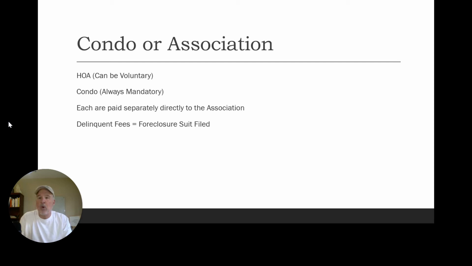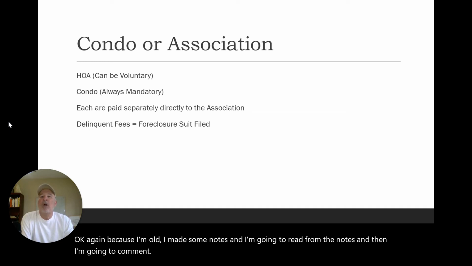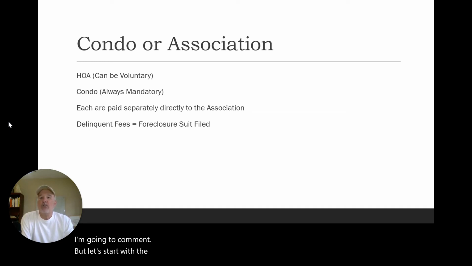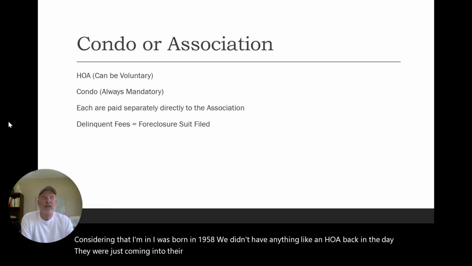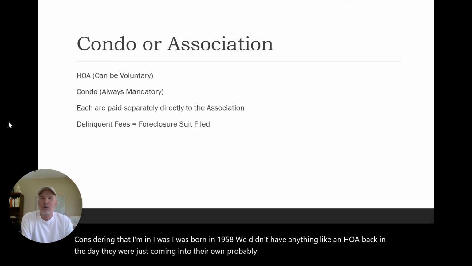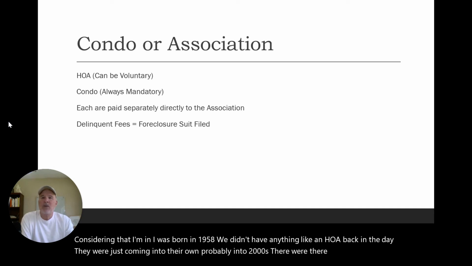Again, because I'm old, I made some notes, and I'm going to read from the notes and then comment. But let's start with the slide. HOAs are some of the more modern things. Considering that I was born in 1958, we didn't have anything like an HOA back in the day. They were just coming into their own, probably in the 2000s.